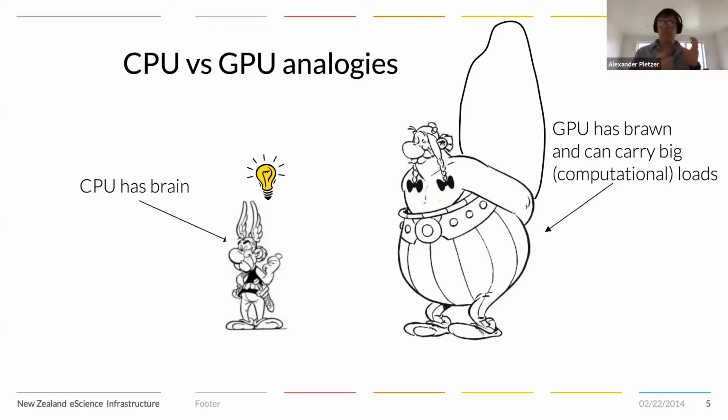One is the bright little guy, that's Asterix on the left, and Obelix is a bit dim-witted, but he's very, very strong. And Asterix, I think, here represents the CPU. It's very polyvalent, can do a lot of different things, really smart things. But when you really need brawn, when you need power, then the GPU can actually come to your help.